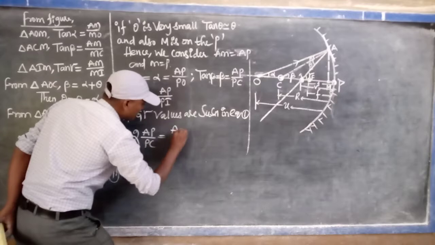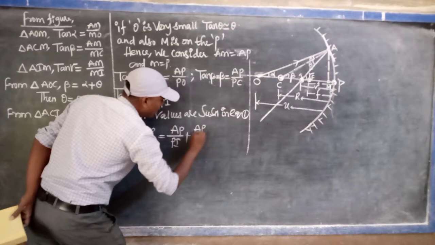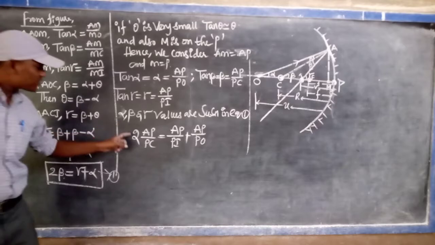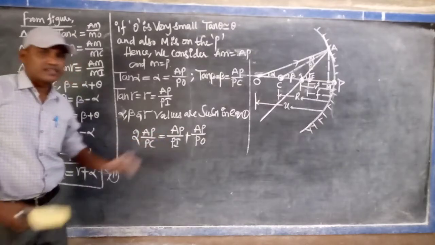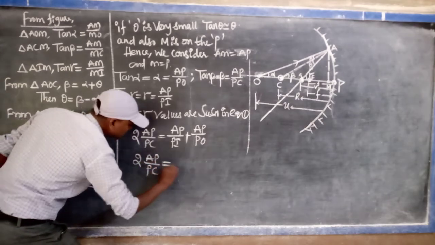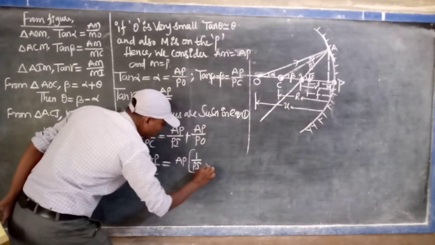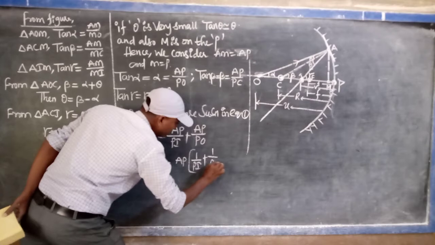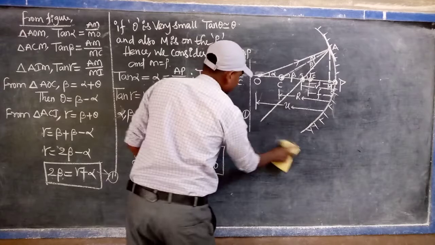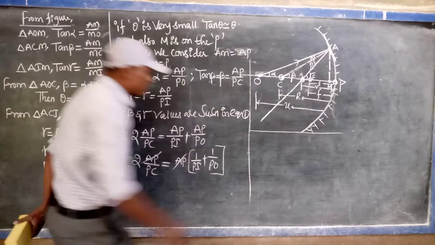So AP upon PI, next alpha, AP upon PO. Here you observe that in the left hand side and the right hand side AP is there. So 2 AP upon PC is equal to AP, the common factor in the right hand side, then 1 upon PI plus 1 upon PO. AP gets cancelled here.